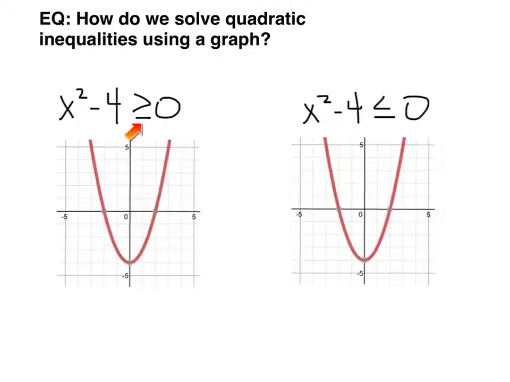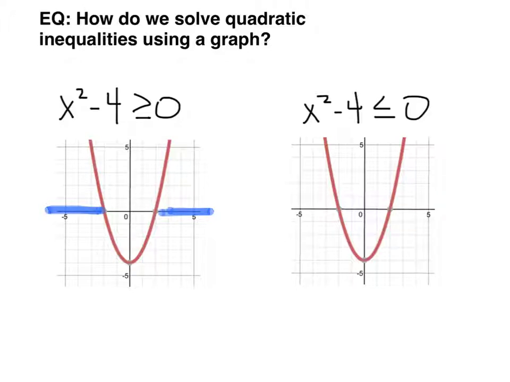So if I look, here's where y equals 0, the x-axis. So if I'm looking for greater than or equal to 0, I'm like, okay, where's the graph above the x-axis? Well, it would be for all of these x's and all of these x's. Right?